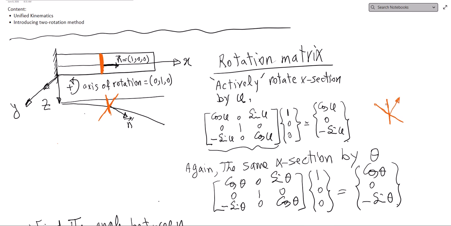Similarly, this is by phi. Similarly here, I have the same cross section and rotate it, and then I have a different normal vector because this is theta.